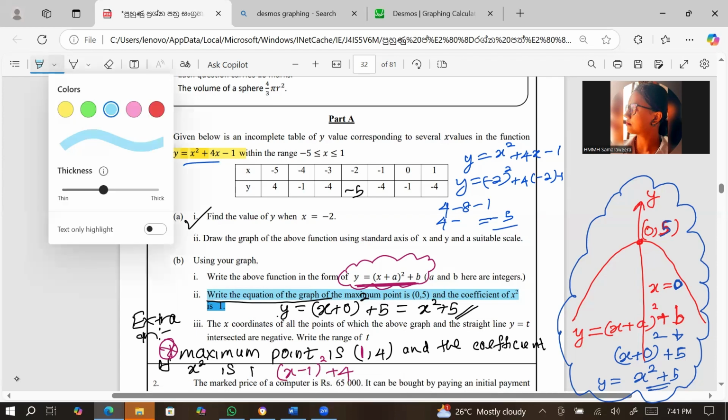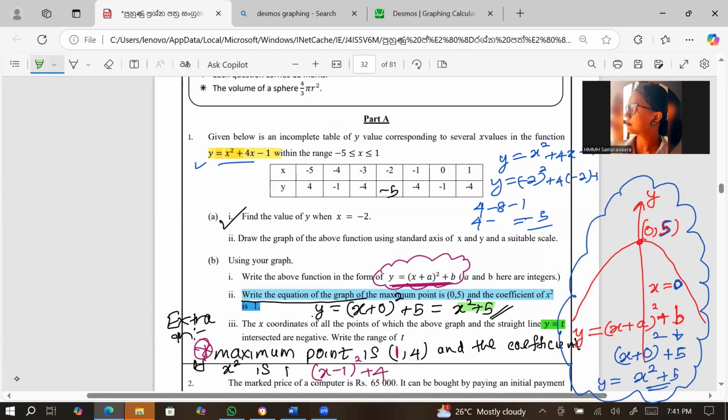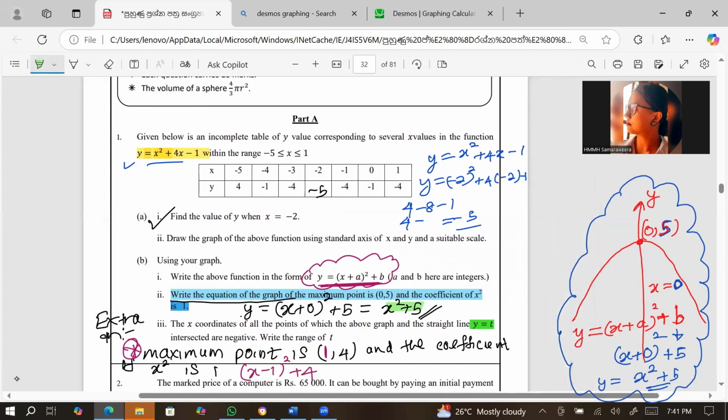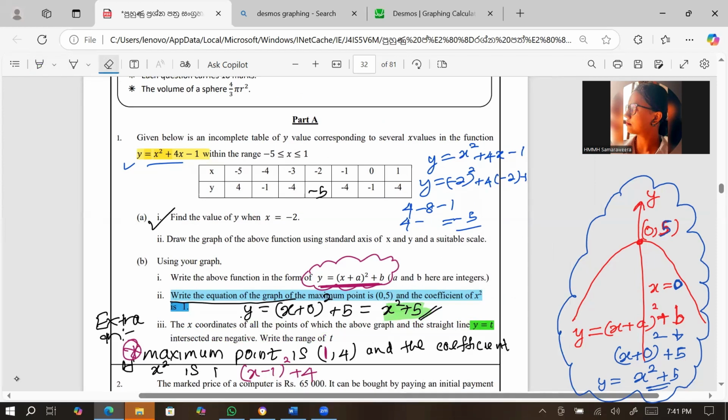There's a line whose equation is y equals t, and this graph is x squared plus 5. These two graphs intersect. So what is the range of t?